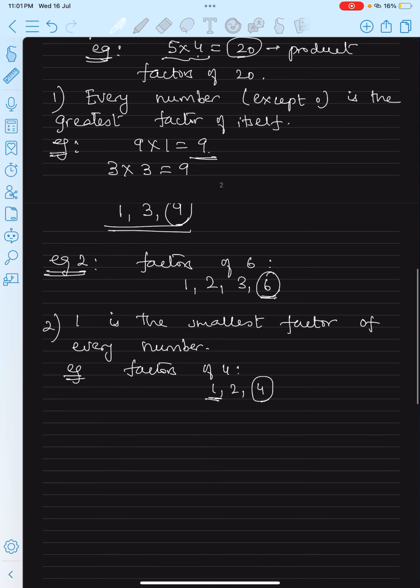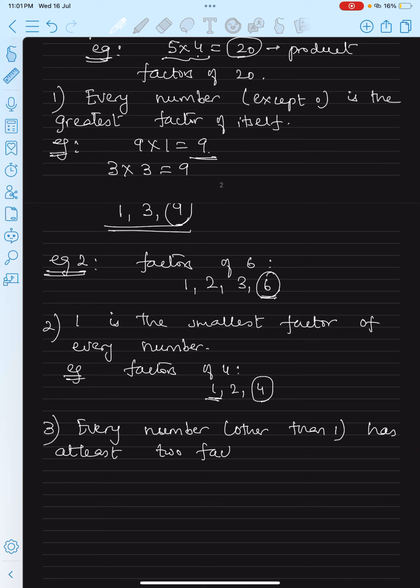Now the third one: every number, but it should be other than 1, has at least 2 factors.